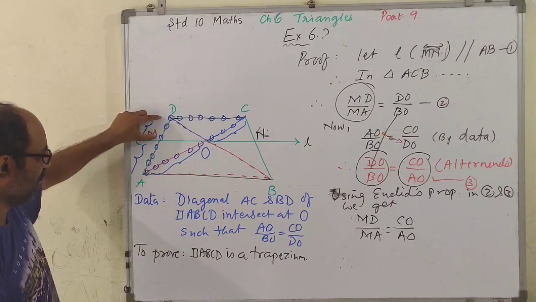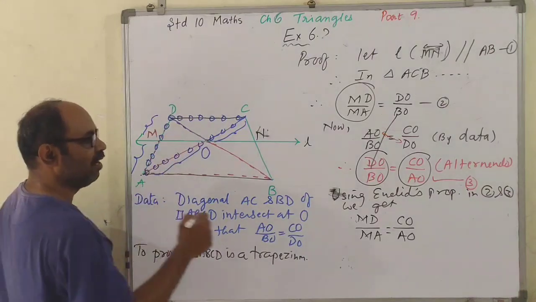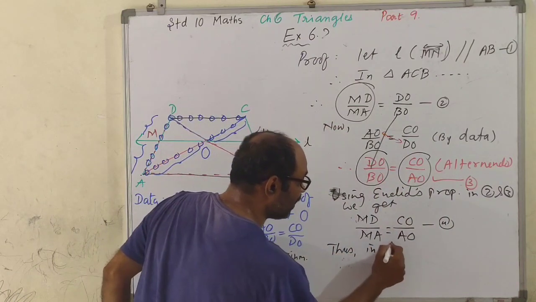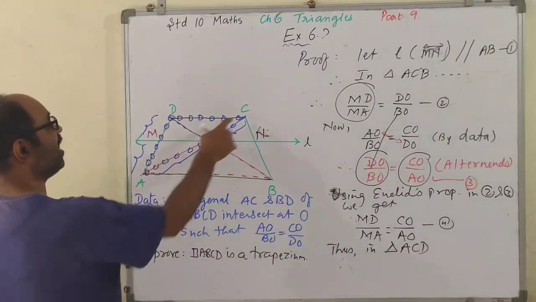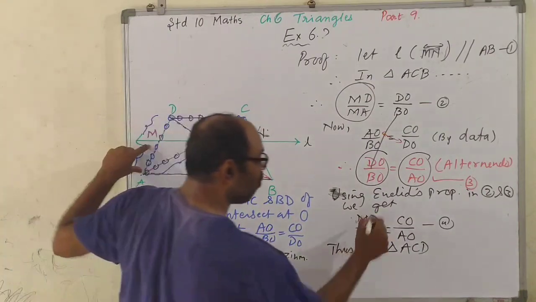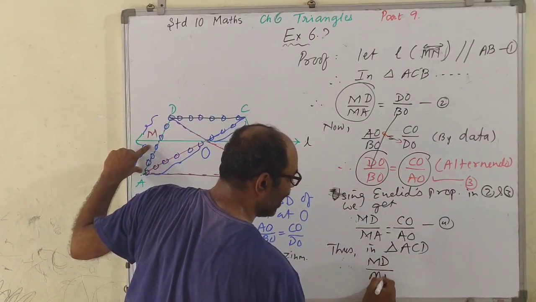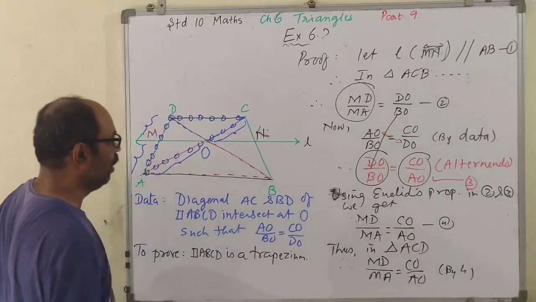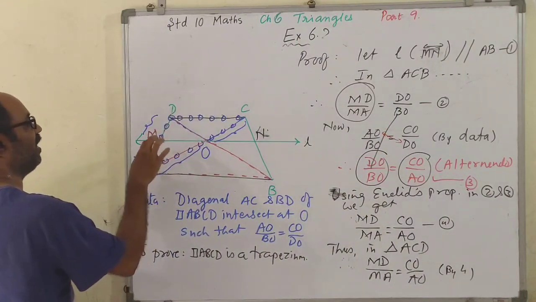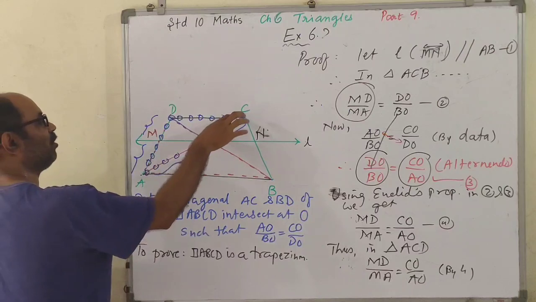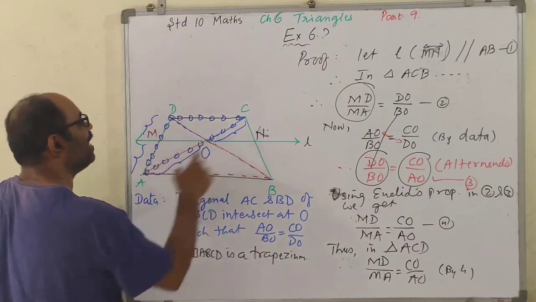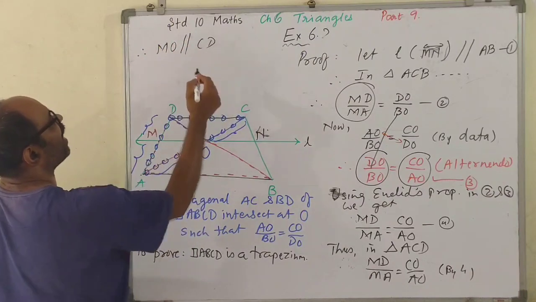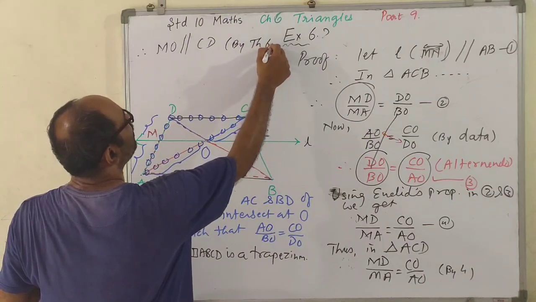Let me call this 4. Thus, in triangle ACD, MD upon MA is equal to CO upon AO by result 4. Therefore, MO is parallel to CD, the third side, by theorem 6.2.